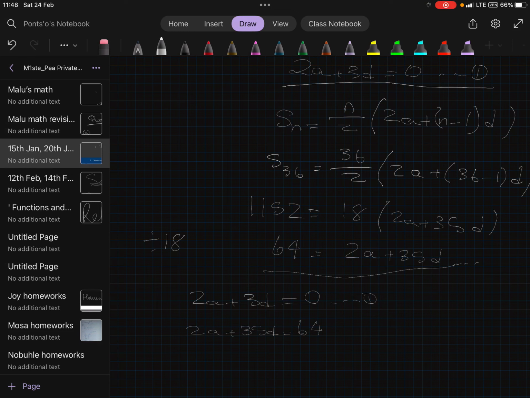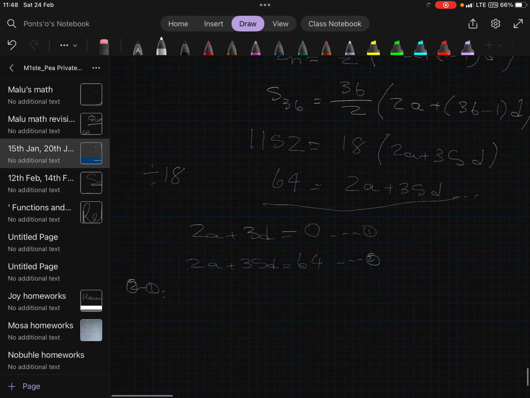If we subtract 1 from 2, so let's say 2 minus 1, then 2a subtract 2a gives you 0. 35d subtract 3d gives you 32d.